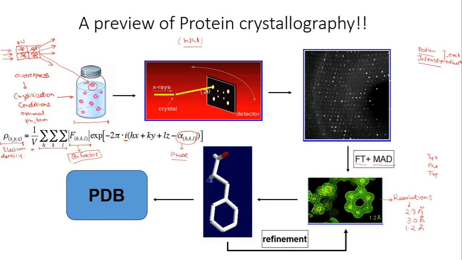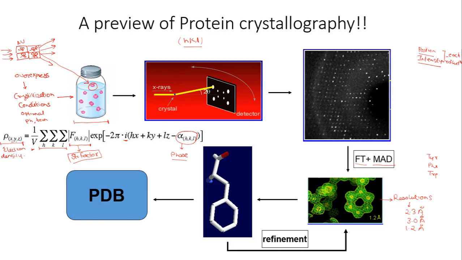You create a model that fits into the electron density map, and then ask yourself a question: have I created a better representation of a model that would fit my electron density map? You ask yourself such questions, and you iteratively refine your model by fitting it into the electron density map.